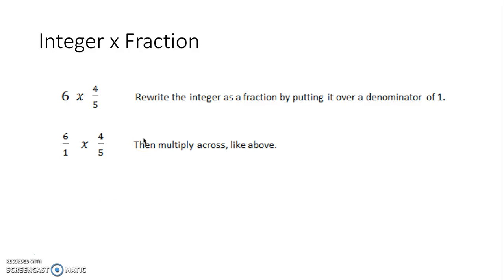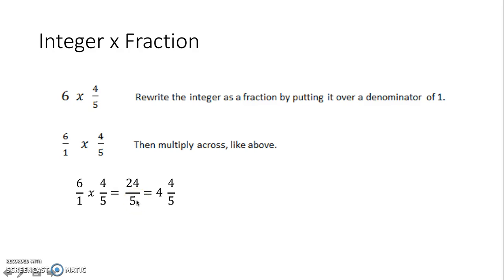So when we multiply straight across, we have 6 times 4, which is equal to 24. This is what you should be writing down. And 1 times 5 is equal to 5. So our improper fraction is 24 over 5. But we're not done because we need to simplify. When we simplify, we think, how many times does 5 go into 24?